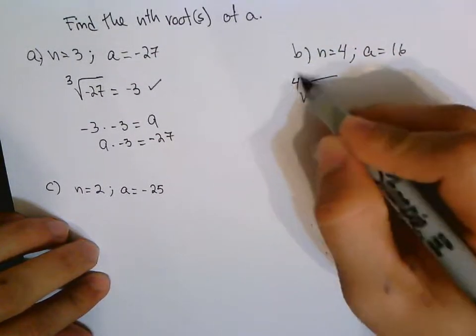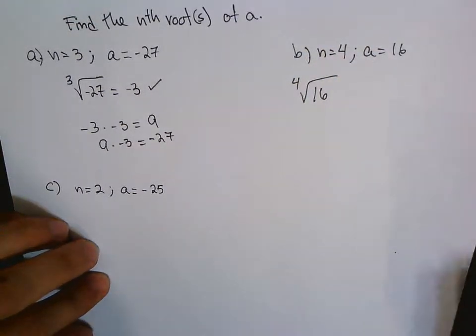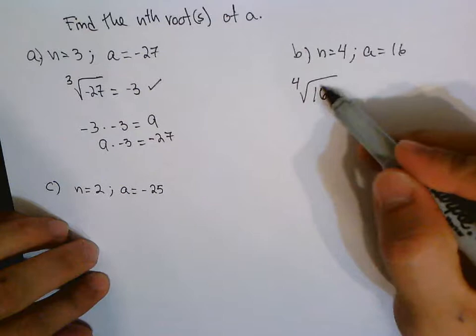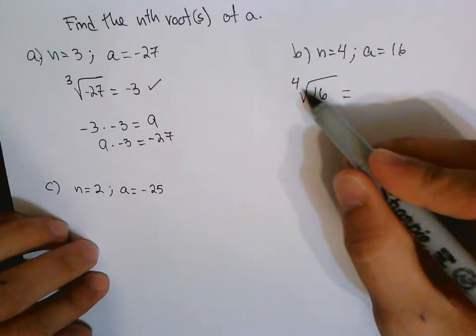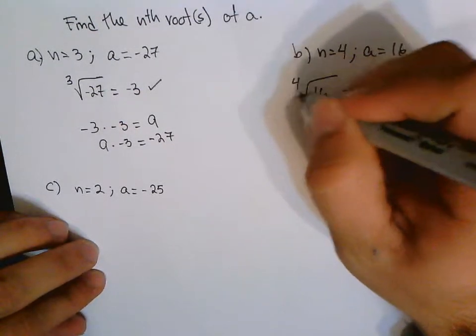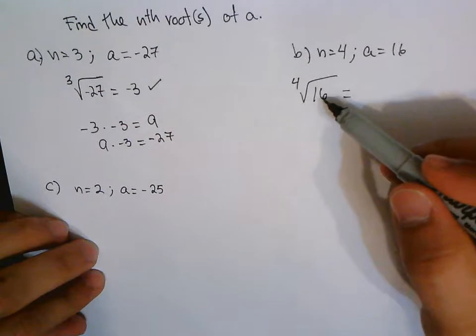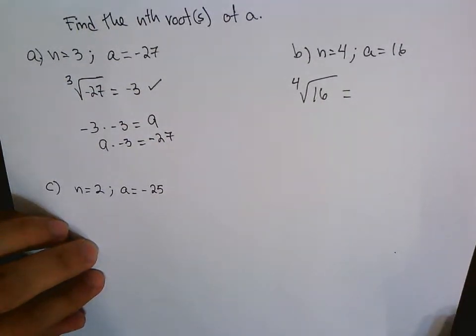N is 4, that means that the index is 4 and the radicand, the number inside the root, is 16. So I'm trying to find the fourth root of 16. In this case, I'm thinking of a number that when I multiply by itself 4 times gives me 16.